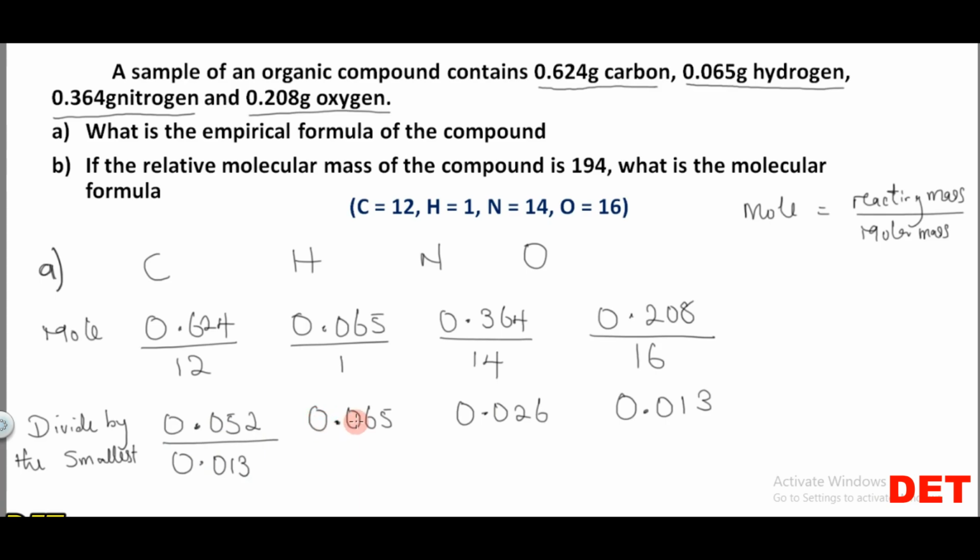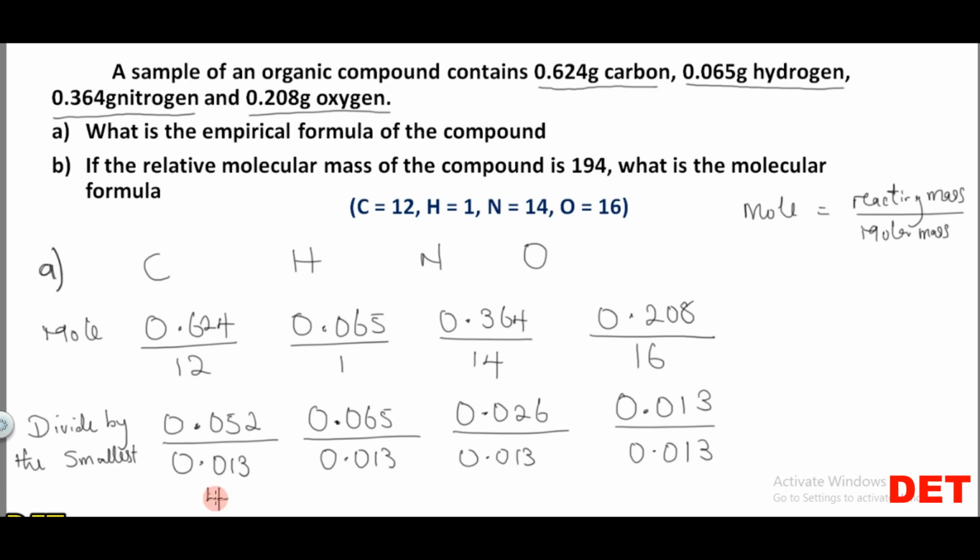Then this is 0.065 divided by the smallest, 0.013, and this is divided by 0.013, and this is divided by 0.013. All right. So what I did here is to divide by the smallest. So 0.052 divided by 0.013 will give me 4.